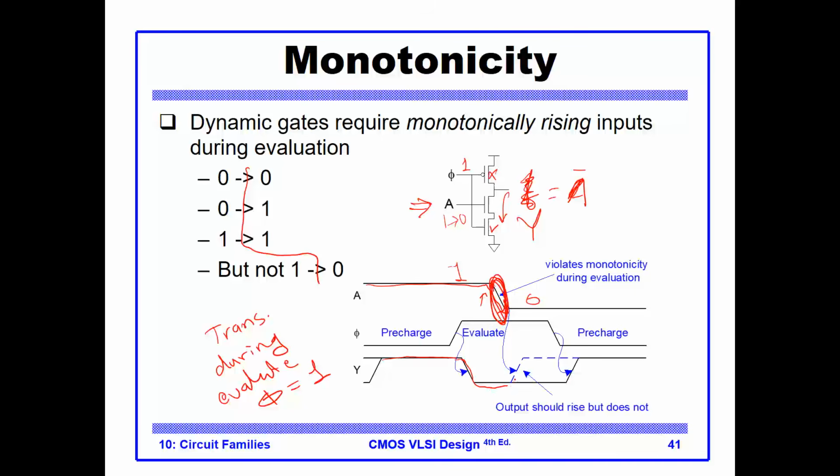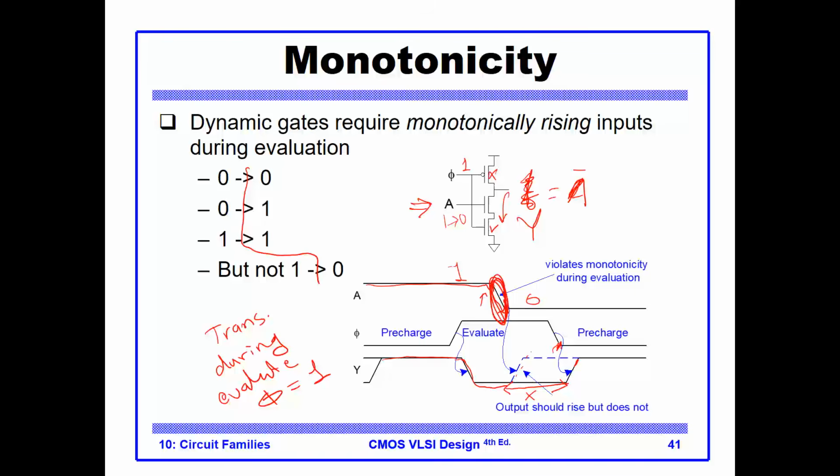Well, suppose Y should go back up, but it cannot, because the only way we can pre-charge this node is during pre-charge when phi equals 0, when the clock equals 0, but the clock still is at 1. So Y will remain here giving an output of 0, and this is erroneous output because the input is 0 and the output should be 1, but the output cannot be charged to 1 until we get into the clock here, sorry.